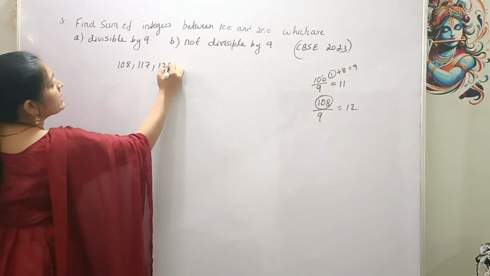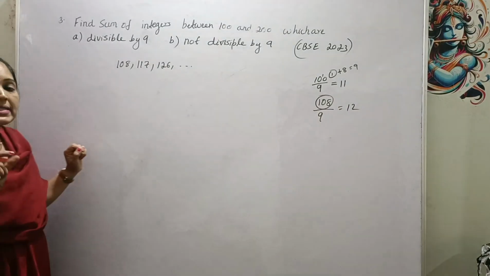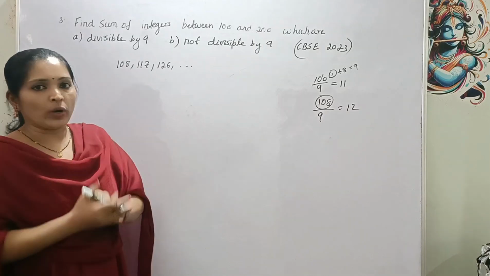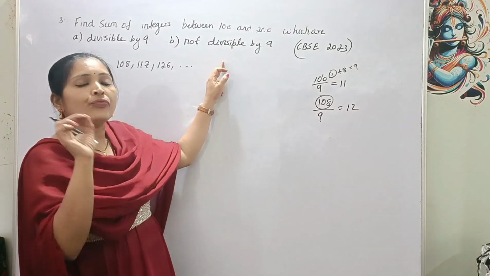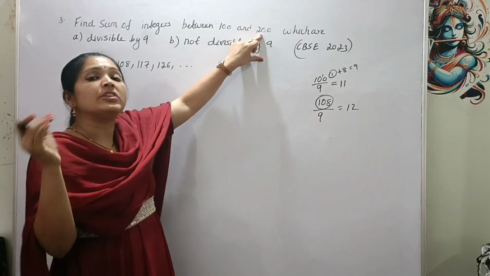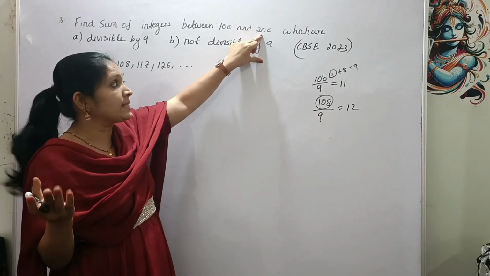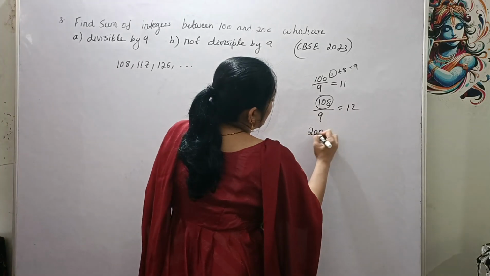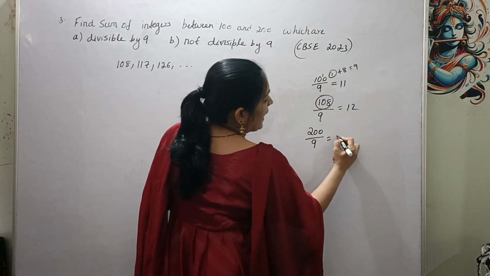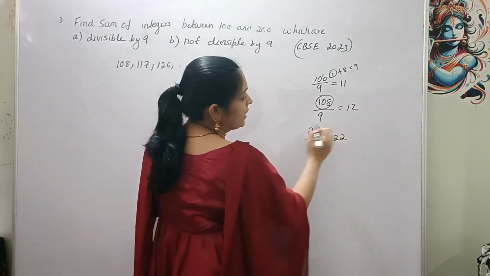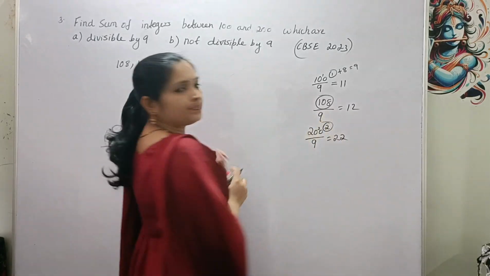Next is 126, etc. Now what is the last number? Numbers are between 100 and 200, so we have to find a number less than or equal to 200 which is divisible by 9. 200 divided by 9: 9 2s are 18, 2 is the remainder.